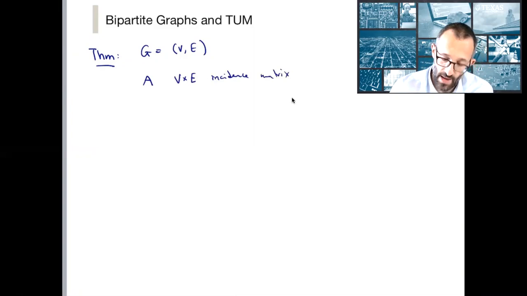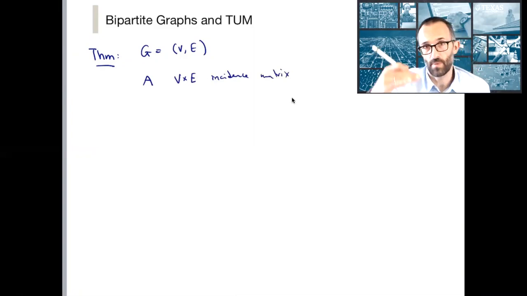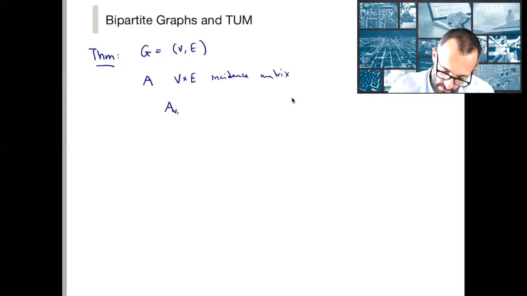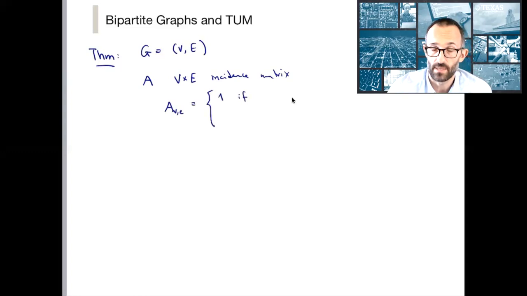The rows are indexed by the vertices, the columns are indexed by the edges. So A(V, E) is equal to 1 if E is incident to V, meaning E is one of the edges touching V, and 0 otherwise.